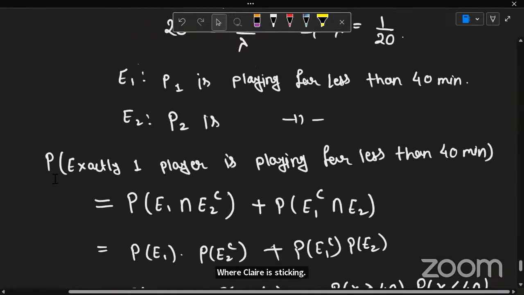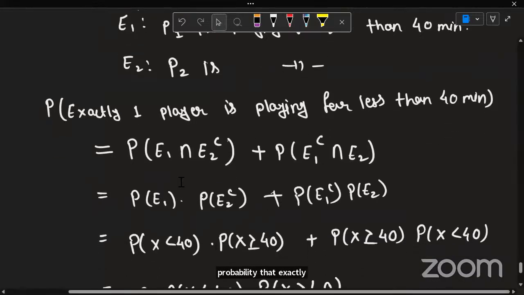And we have to find the probability that exactly one player will be playing for less than 40 minutes. So I consider the case: if E1 is happening, then E2 should not happen because we need exactly one player taking less than 40 minutes, right? Fine. And then I will consider the other case also, because it may be possible that E1 is not happening and E2 is happening, right?